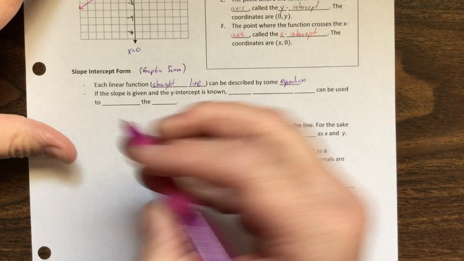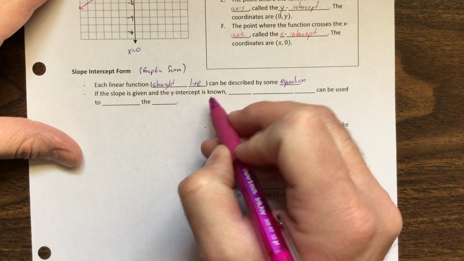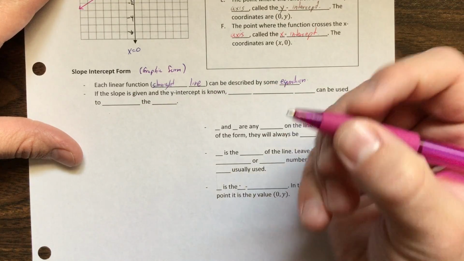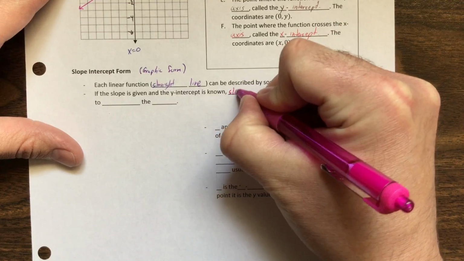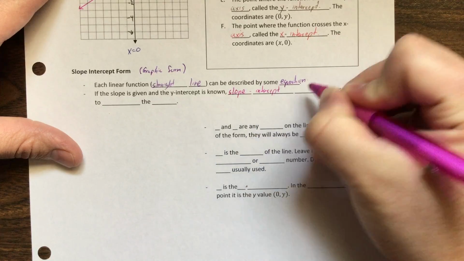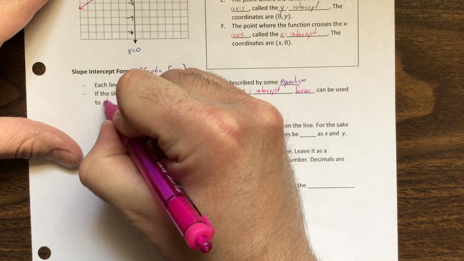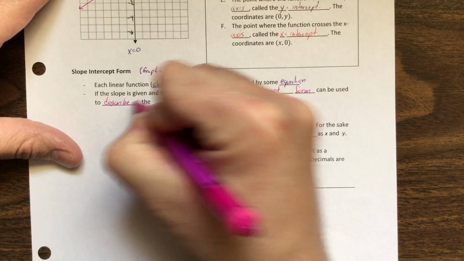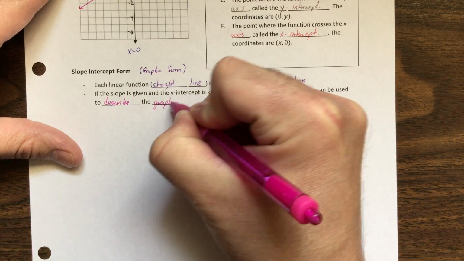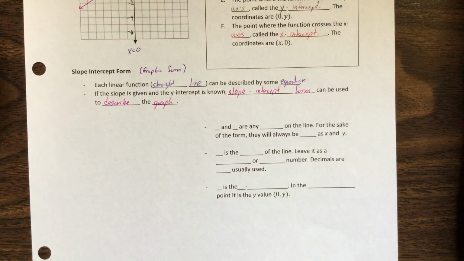If the slope of a line is given, or we can find it, and the y-intercept is known, or we can find it and is a nice number, we can use slope-intercept form to describe the graph. So we can use slope-intercept form or graphic form to describe our graph.